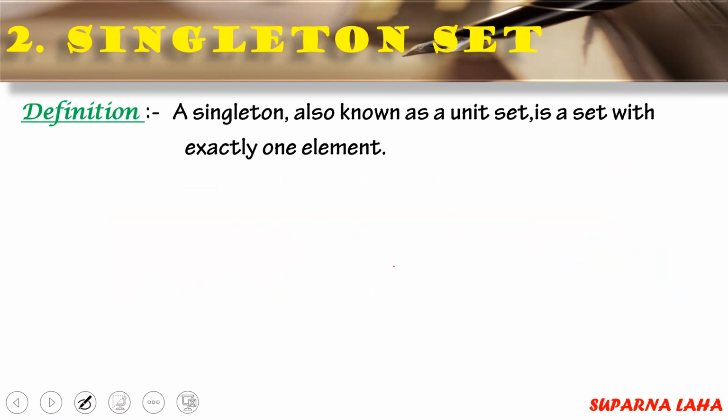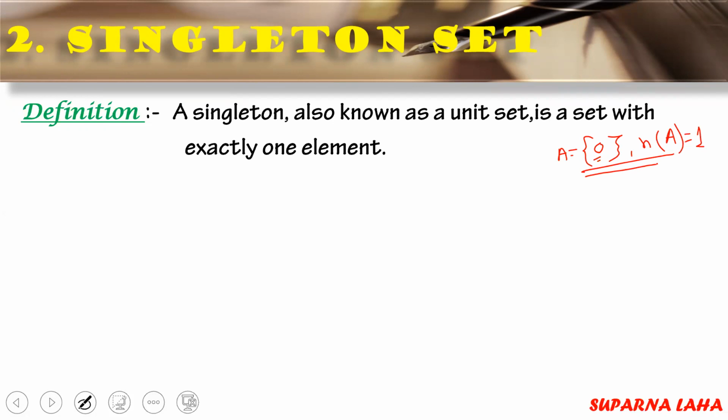If any set contains only one element, we call it a singleton set. Now look at this example. We already took this one, {0}. There is only one element here and the cardinal number of this is 1. So this is a singleton set.